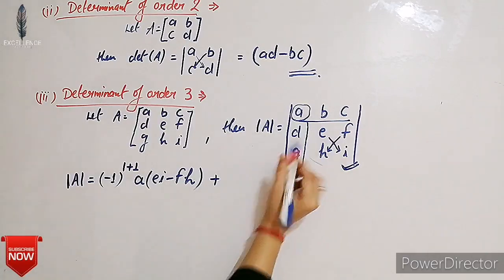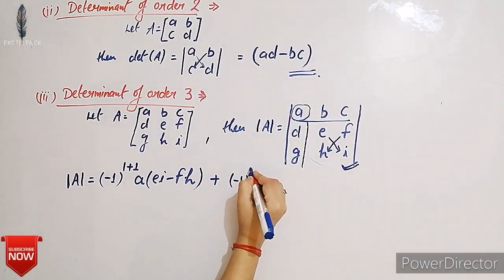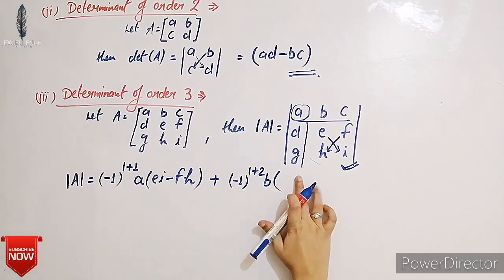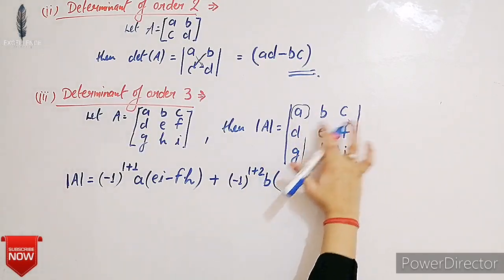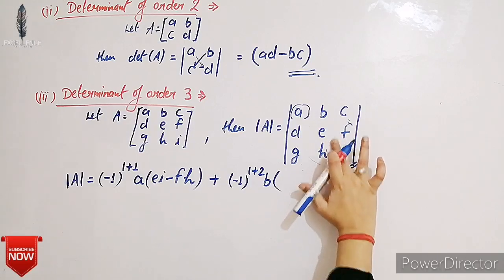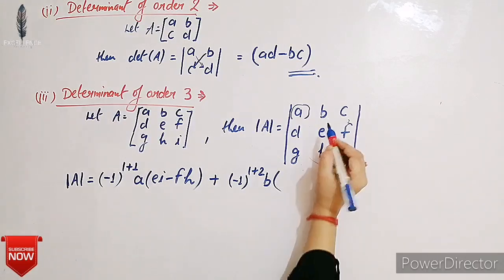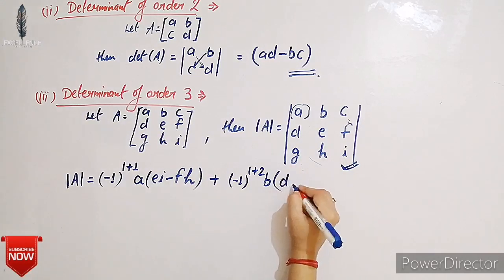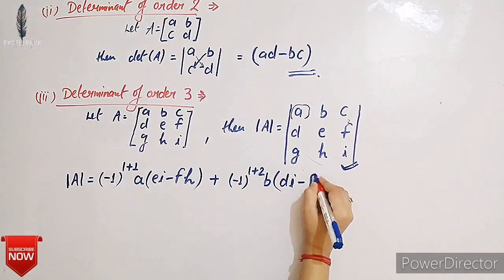Plus, it is the second element, so minus 1 raised to 1 plus 2, b into, now delete the first row and second column, then we get di minus fg.